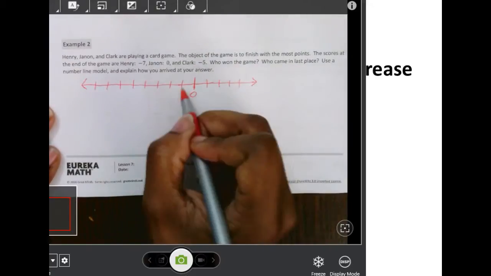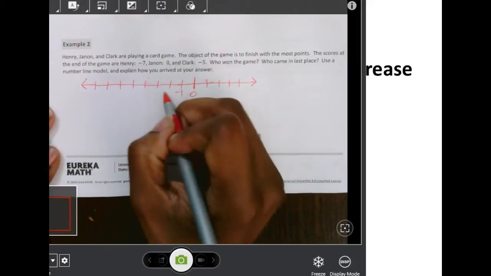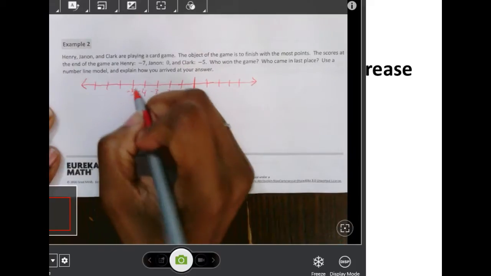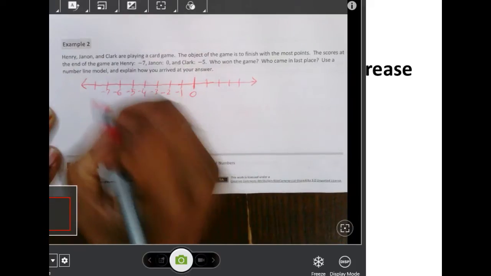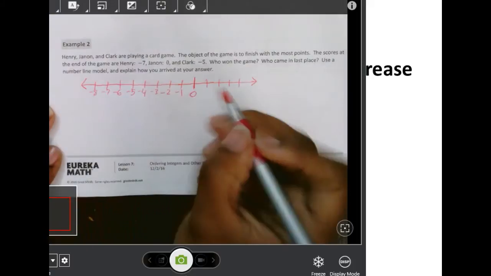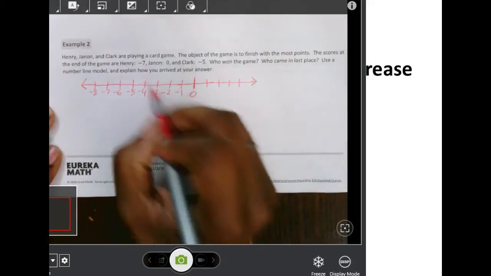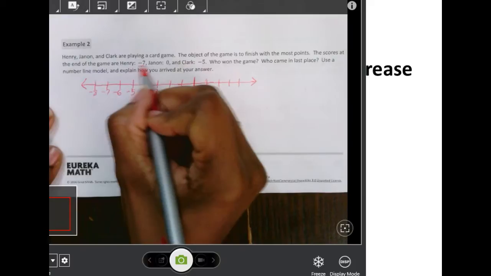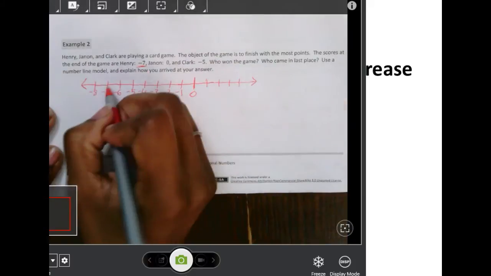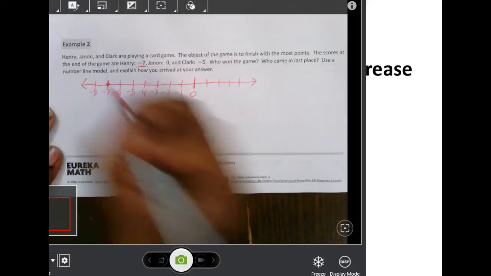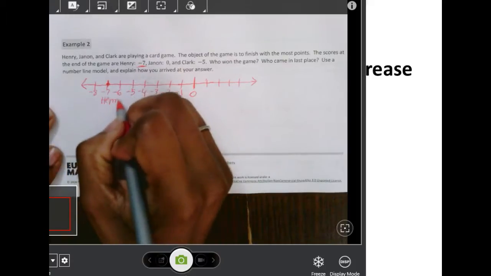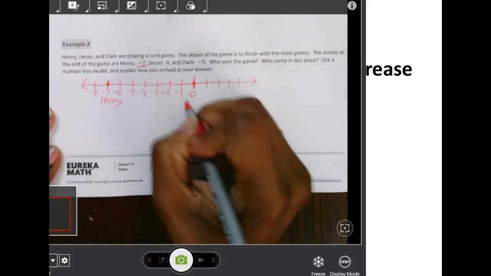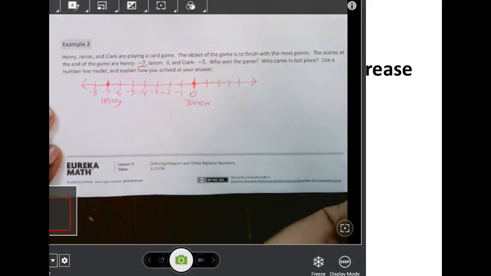And I'm going to label this -1, -2, -3, -4, -5, -6, -7, and -8. The scores at the end of the game are Henry, -7. So I'm going to find -7. And this is Henry. And then I'm going to find Janet, who is 0, and this is Janet. And Clark is -5.